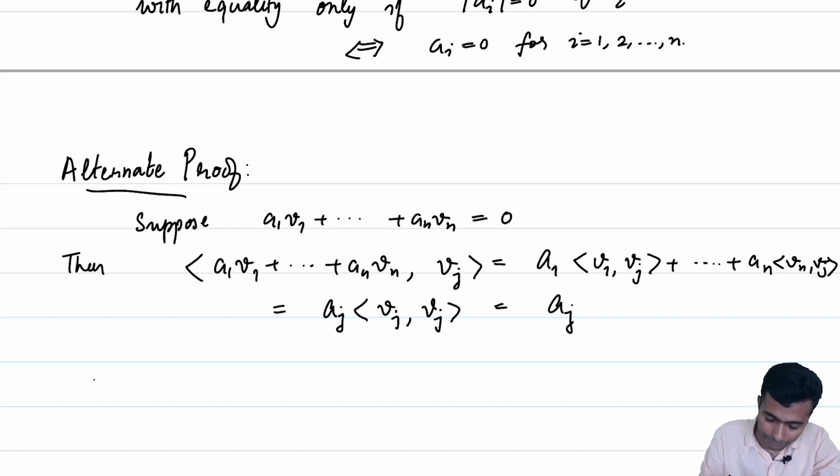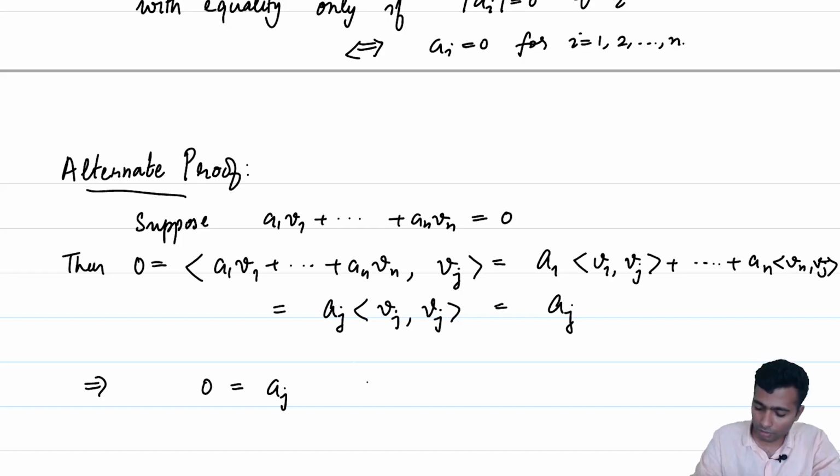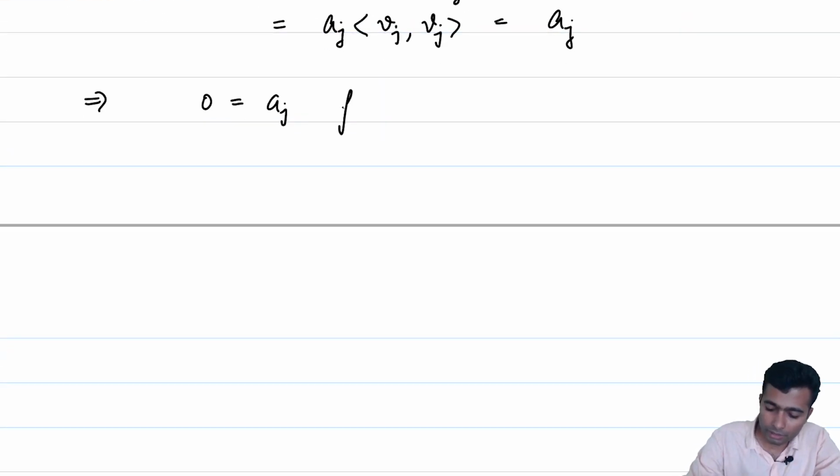So this implies 0 is equal to aj. And if you do it for j equal to 1, 2, 3 up to n, we conclude that each of the aj's is forced to be 0.